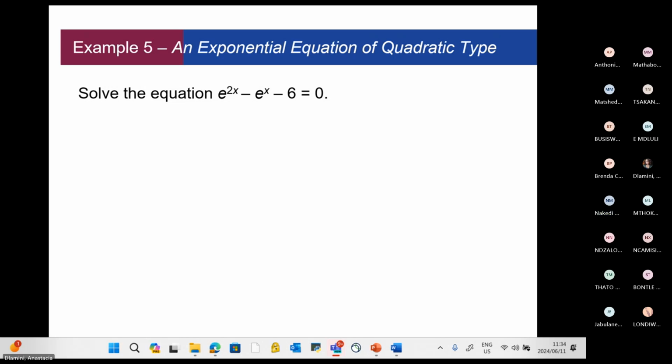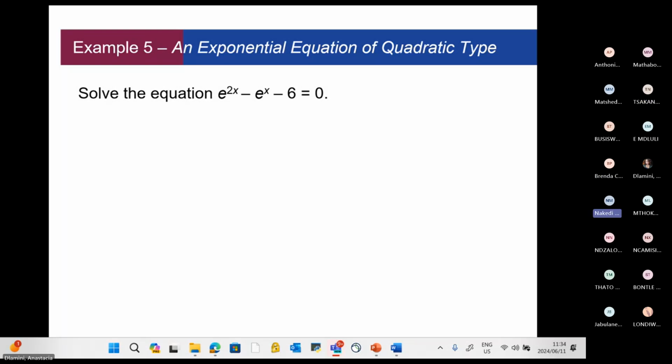I said step 1, we move 6 to the right. Then we are left with e to the power of 2x minus e to the power of x equal to 6, right? And then we introduce ln, the natural log.